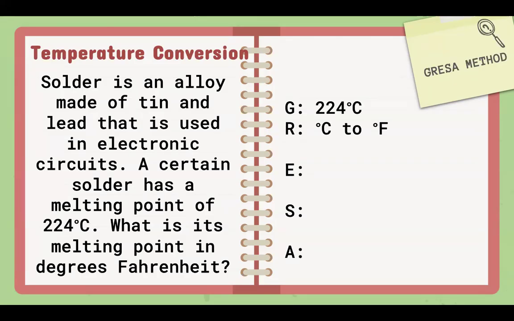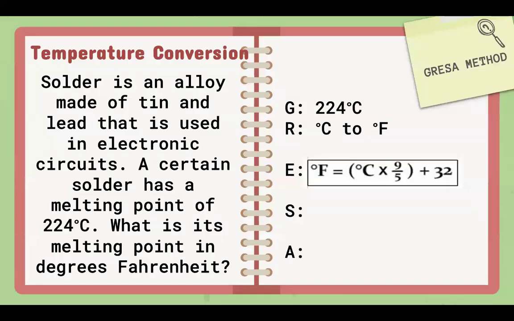So we'll be using formula number 1. You just have to put it directly on your calculator, and we will be getting 224 degrees Celsius times 9 over 5 plus 32. That is equal to 435 degrees Fahrenheit. So you just have to follow the formula as is, nothing more, nothing less, and you'll get the answer.